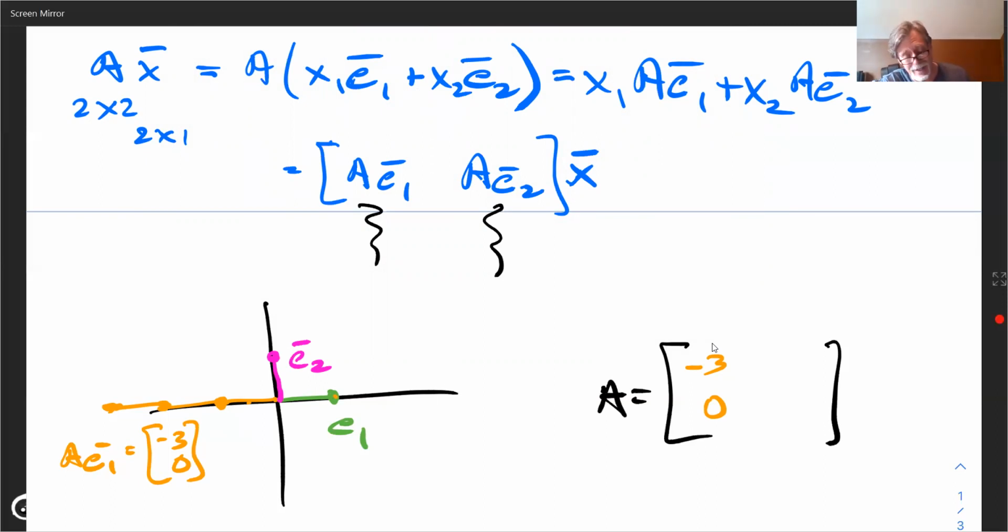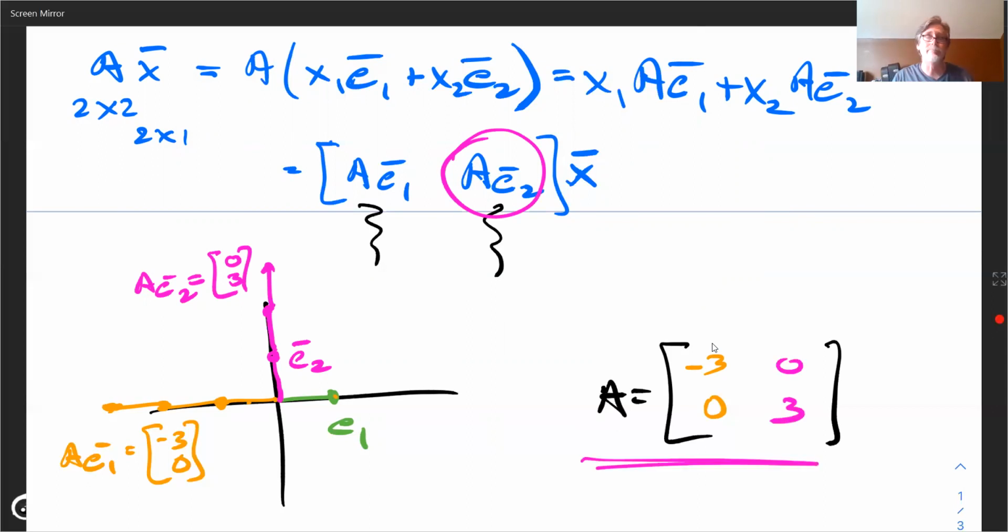He's on the vertical axis, but then he gets hit by a scale of 3. So what is AE2 equal to? AE2 is equal to, looks like, 0, 3. And folks, that's your second column, 0, 3, and the problem's done.